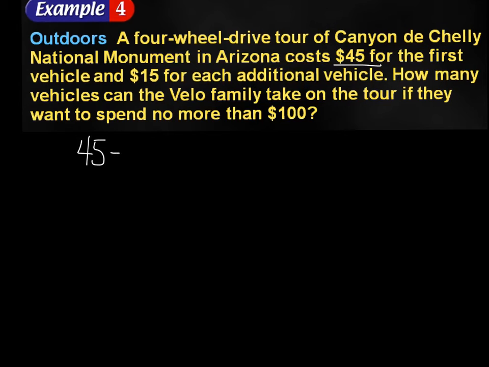And then each additional vehicle costs $15. They want to spend no more than $100, so they could spend exactly $100. We're already starting with one vehicle, so n is the number of vehicles more than the first one.